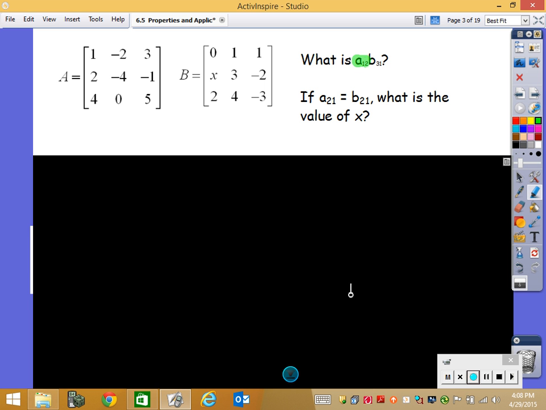A12, matrix A, row 1, column 2, is a negative 2. So we're going to replace this with a negative 2 times B31. Matrix B, row 3, column 1, brings me to 2. Negative 2 times 2, negative 4. And that's the work I would need to see.